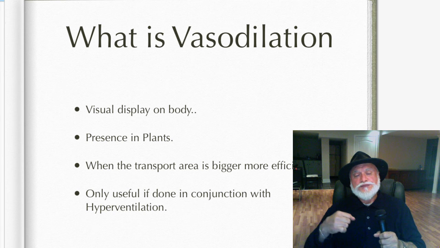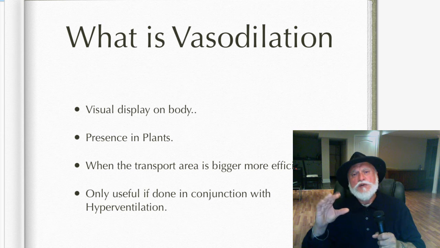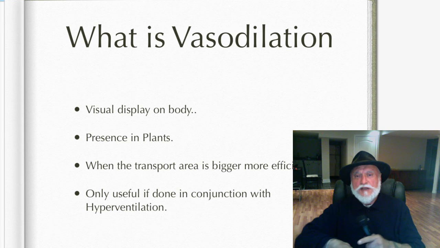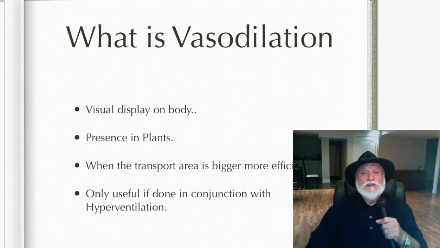Because there's some CO2 in the blood, the blood vessels expand a little bit. So that's why you see it is slightly increased in size. And it's also present in plants.